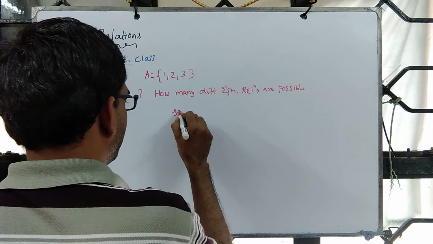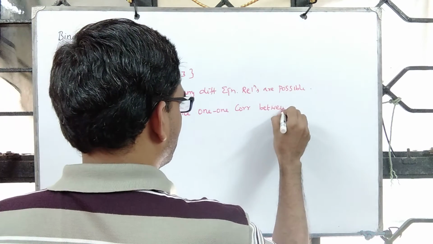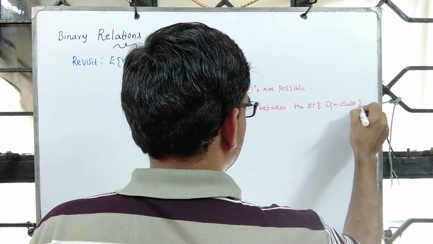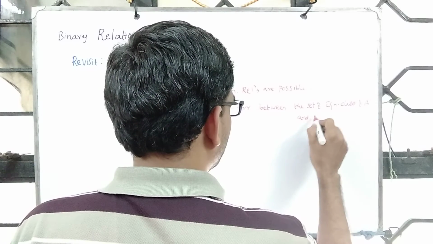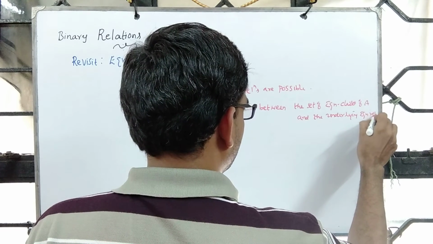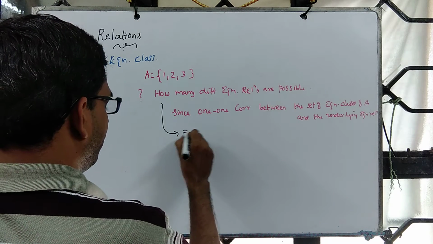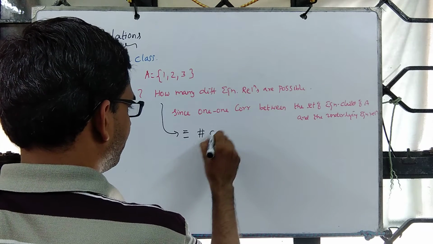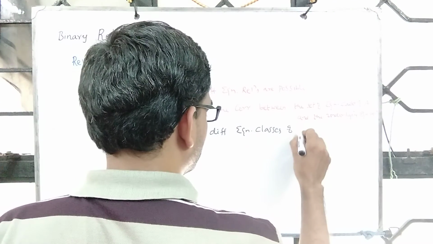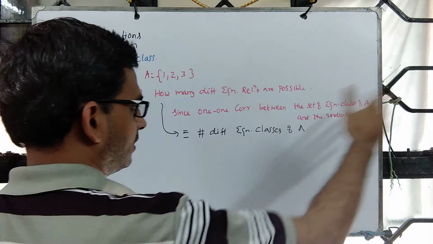Since there is a one-to-one correspondence between the set of equivalence classes of A and the underlying equivalence relation, counting this is equivalent to counting the number of different sets of equivalence classes of A.